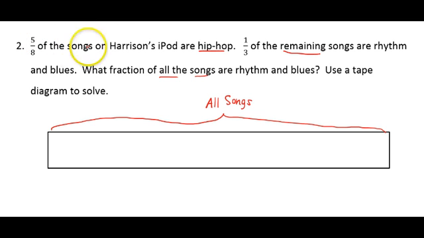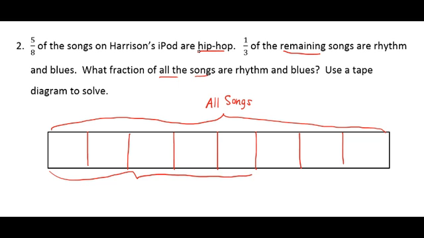We know that 5/8 of the songs are hip-hop, so we'll start by dividing the tape into 8 pieces. So here are my 8 pieces, and we'll show that 5 of them are hip-hop.